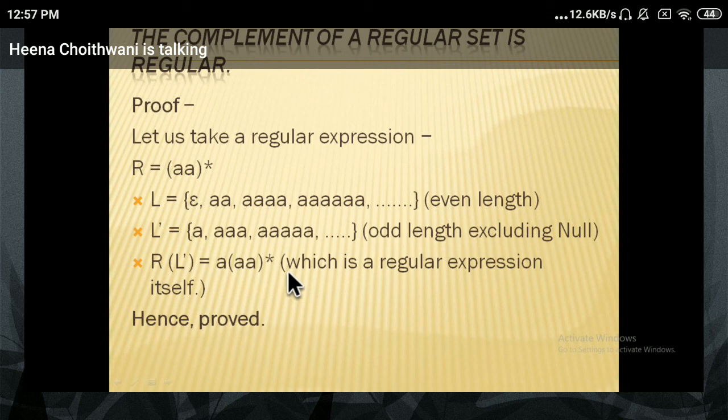So that will give me AA, 4 times A, 6 times A, and so on. If you multiply that with A, your epsilon will become A, then 2 times A will become 3 times A, then 4 times A will become 5 times A, which means I'll be having all A's of odd length. That is nothing but my L complement, right?